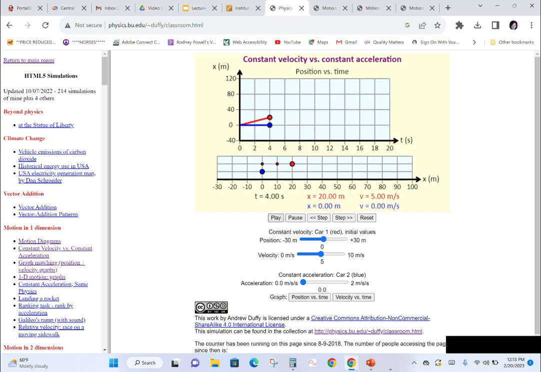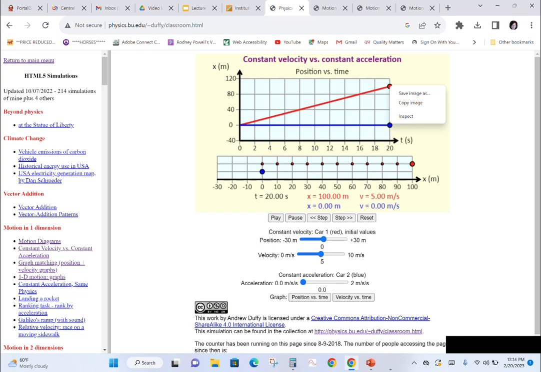So if it's just staying at rest, the blue car literally just has one dot at one location. And the red car is equally spaced dots that are 5 meters apart every second. If we were to make this a graph of distance versus time, you would see that the slope of this, and let's pick 2 points, we could pick this point and we could pick the 100-meter point in 20 seconds.